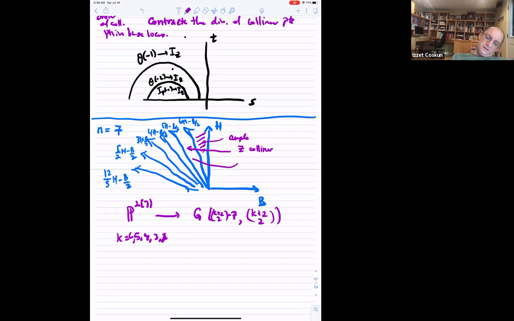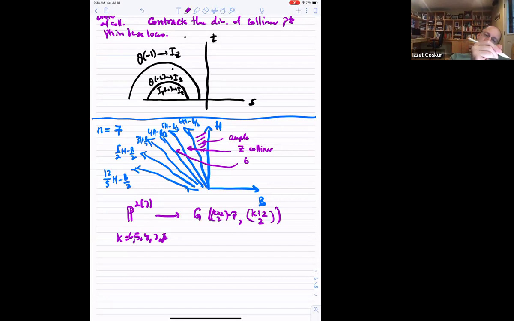Here, you can ask when 7 points fail to impose independent conditions on polynomials of degree 4; this is if 6 of the points are collinear.